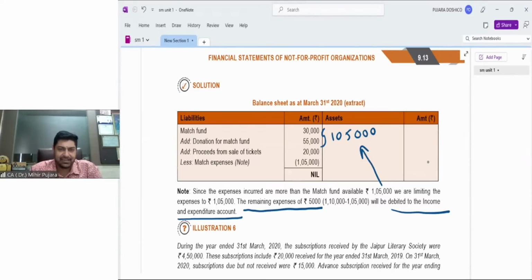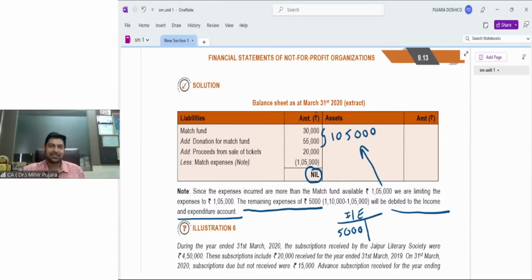So from 1,10,000, 1,05,000 should be here. Closing balance will be 0 and remaining 5,000 will be debit to profit and loss account because fund is now over. Fund is now over, donation is over. So excess expense will be debit to P&L.